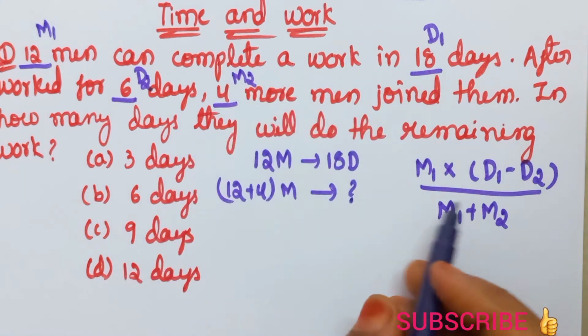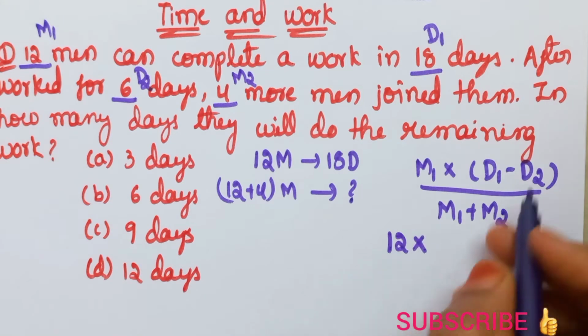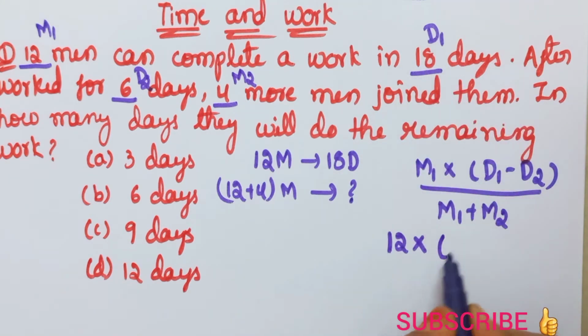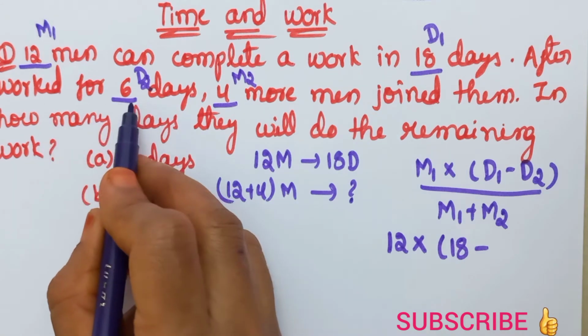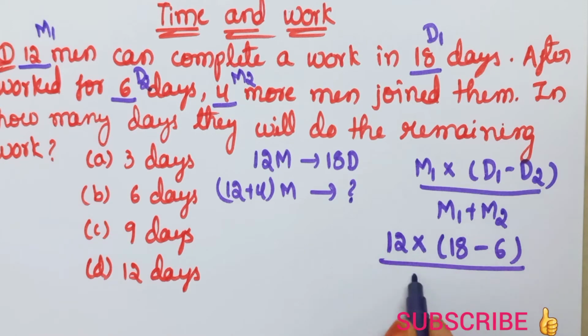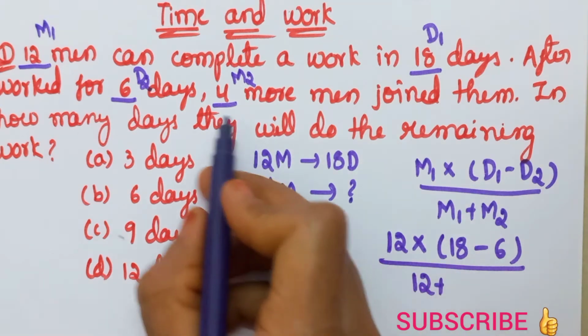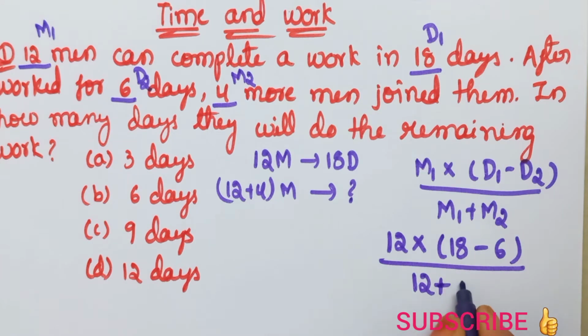So m1 is the initial number of men, that is 12 from the given problem, and d1 is the number of days taken by them, 18, minus d2. After how many days did they leave the work? 6 days. So substitute 6 here, m1 is 12 plus m2, the number of men that are added to the initial ones. So that is 4 from the given problem.